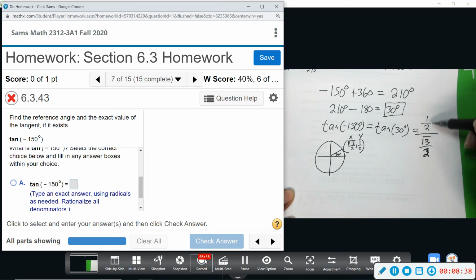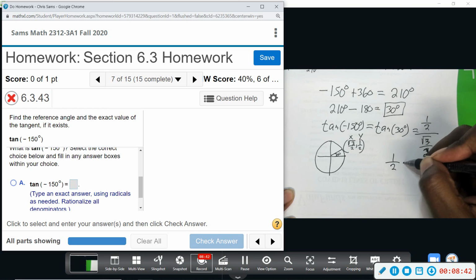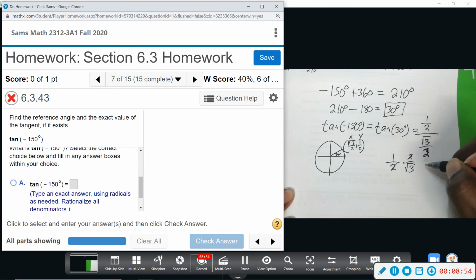No such thing as dividing by fractions, so you keep the top, change division to multiplication, and flip this: 2 over square root of 3. Since it's multiplication, you can divide top to bottom diagonally, and 2 will divide out, leaving you with 1 over the square root of 3. And you can rationalize this denominator, and that will become square root of 3 over 3.